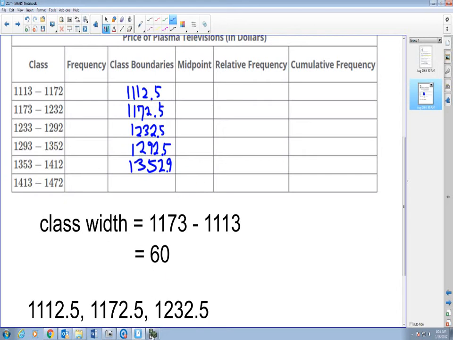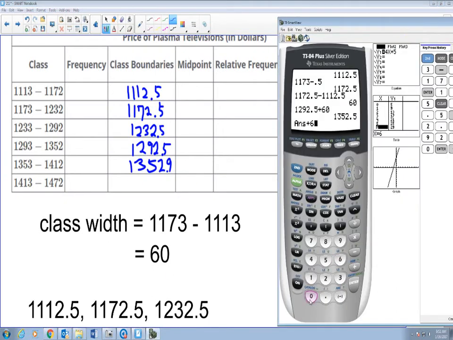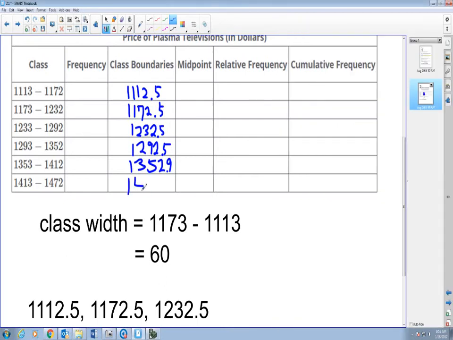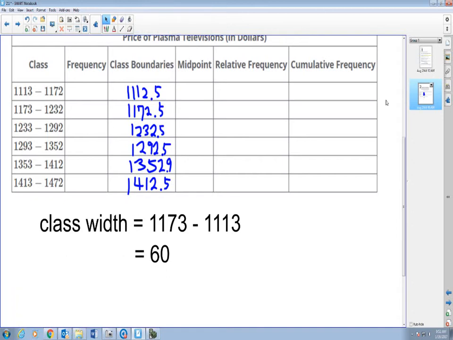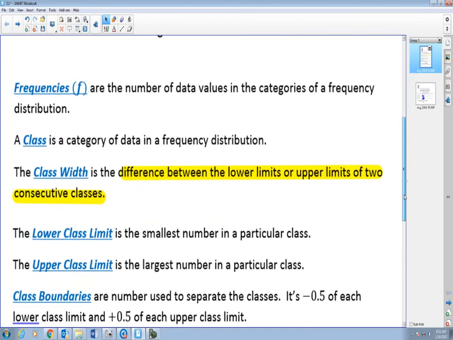I'm gonna take this number plus the width again, 1412.5. Okay, so that'll be the class boundary. And I will explain to y'all in the next video what we use for the class boundary as well.